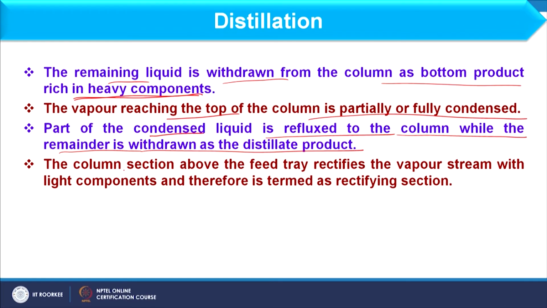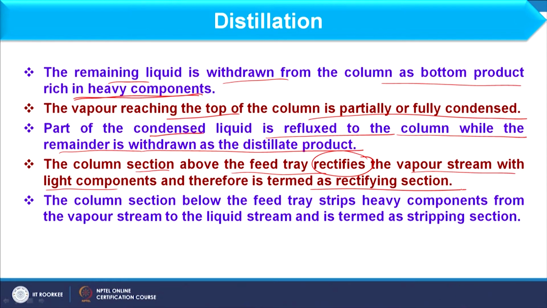And further we have the column section above the feed tray, which we consider as the rectifier section or rectifying section. It rectifies the vapor stream with light components, and therefore we consider this as rectification.